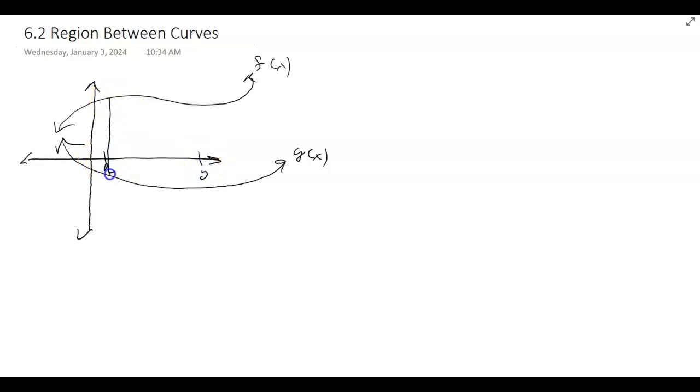We want the area between these two curves. Essentially, we're creating infinitely many rectangles, which we called Riemann sums in Calc 1, between these two curves.